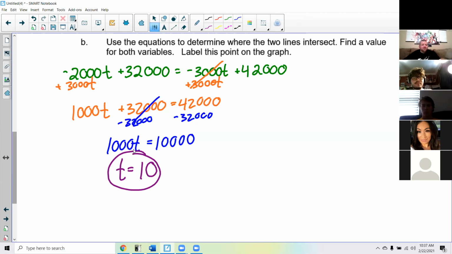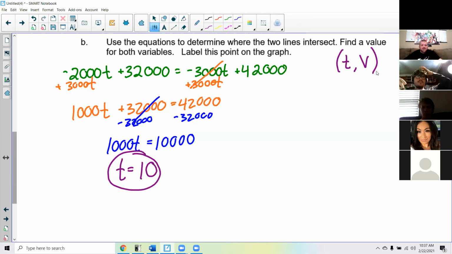But unlike before, I couldn't just say, since one's not changing, that's the value they're going to be. No, both of these values are changing depending on the years. So I also have to figure out what value they both have after 10 years. I know the T coordinate, remember all our coordinates are going to be T, comma, V, years and value.